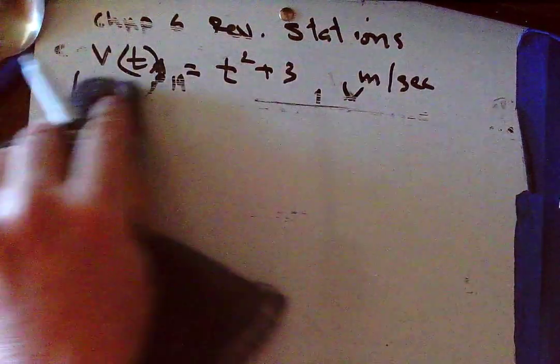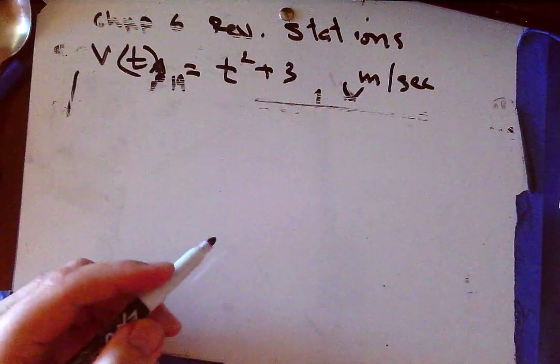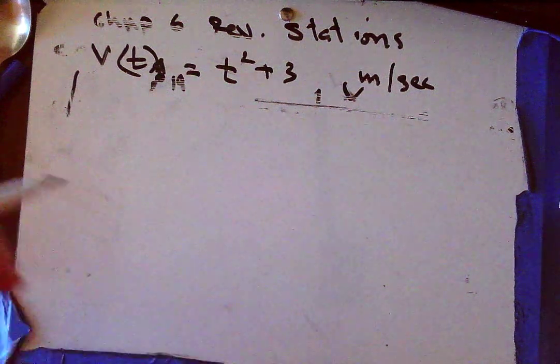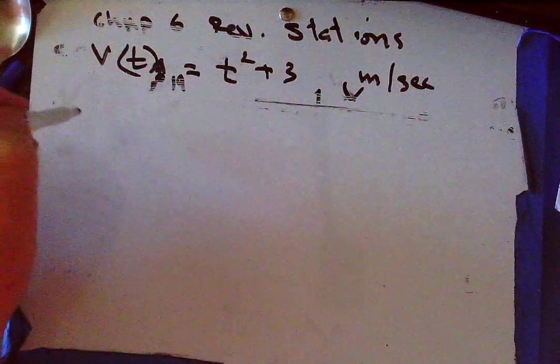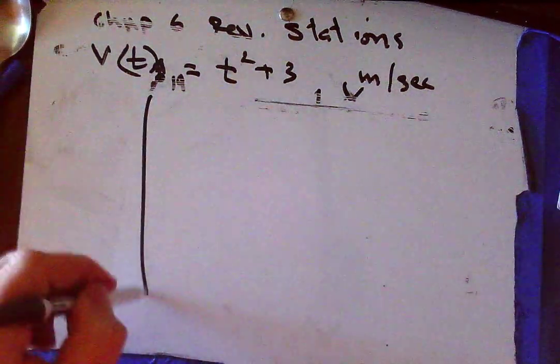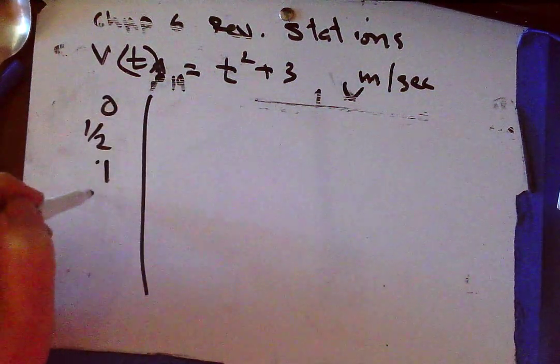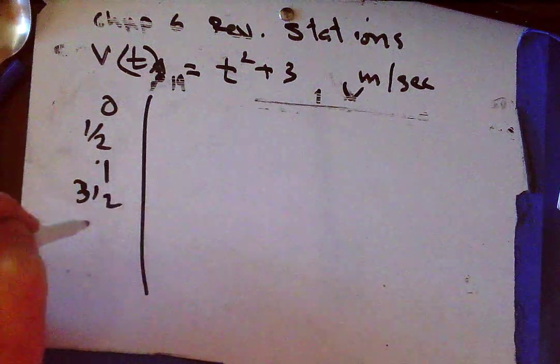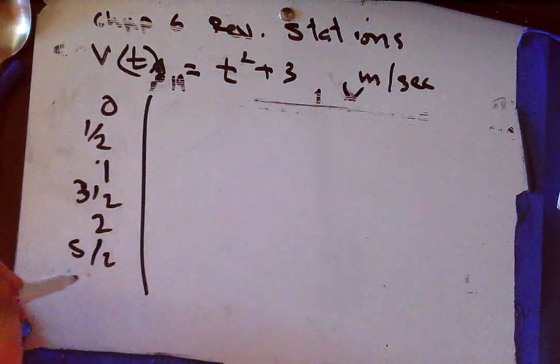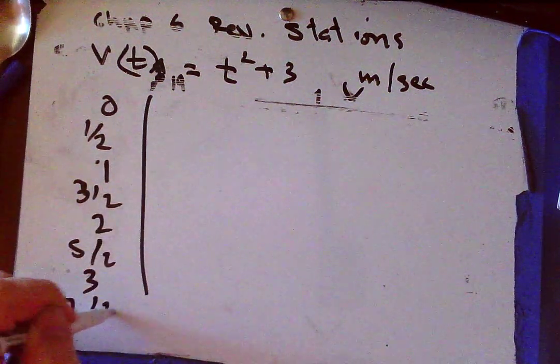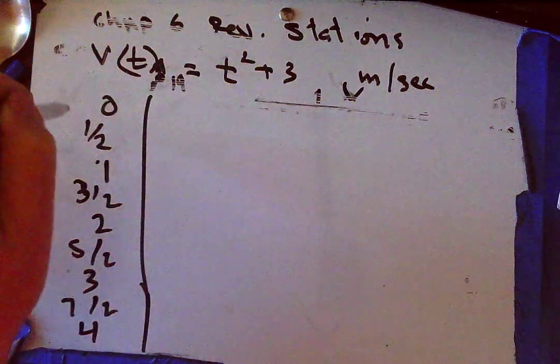But we're also asked here to do this as a trapezoid sum. Okay, so if I do this as a trapezoid sum, I do need the boundary. 3 halves, 2, 5 halves, 3, 7 halves, 4.